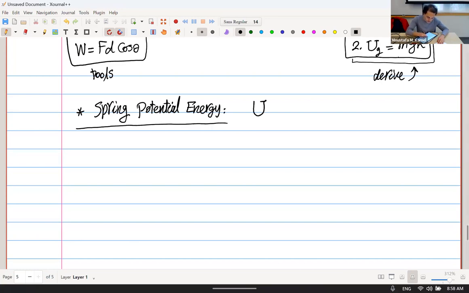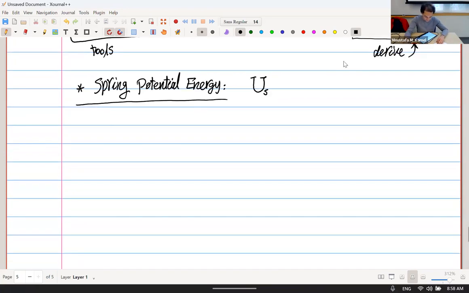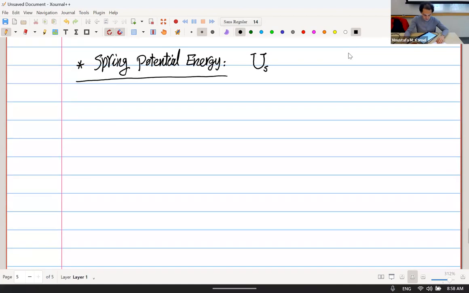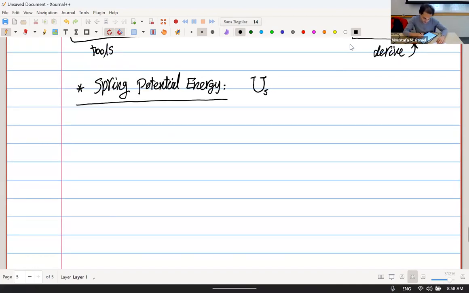We denote that by the symbol U sub S. So we will derive it by assuming that you're pushing on a spring, compressing it a distance x.